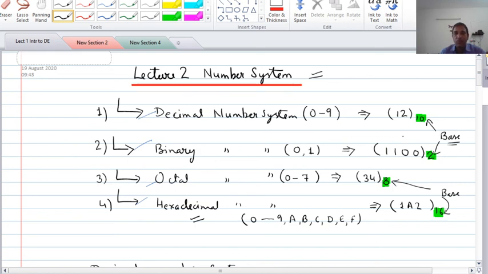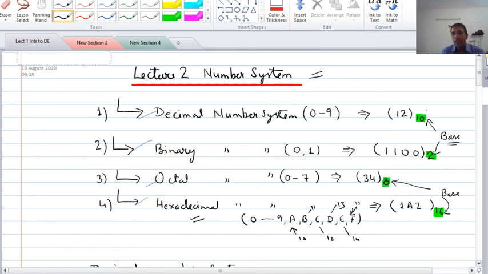There are four different types of number systems in this digital electronics subject: decimal, binary, octal, and hexadecimal. The decimal number system uses 0 to 9. The binary number system uses 0 to 1. The octal number system uses 0 to 7, and hexadecimal numbers use 0 to 9 and A, B, C, D, E, F for the upper sequence, that is, 10, 11, 12, 13, 14, and 15.